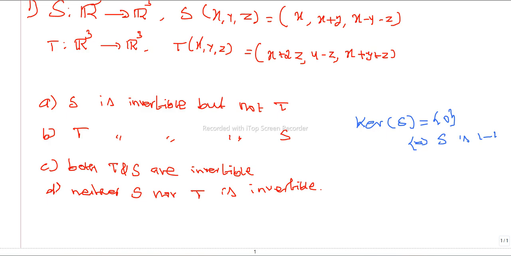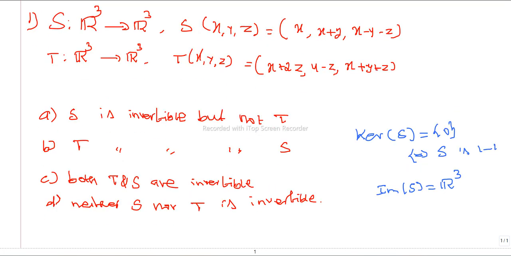And when we say the map is onto, the image of the linear transformation should be the whole codomain, that is, the rank is 3.